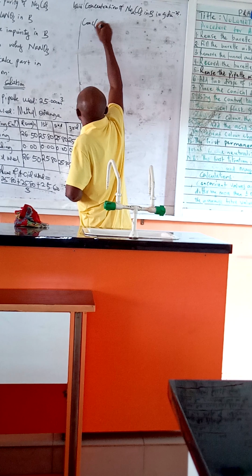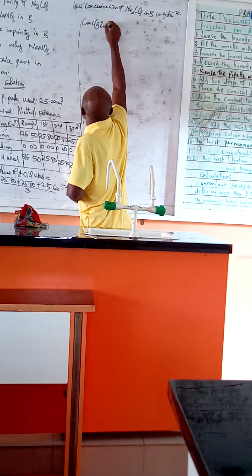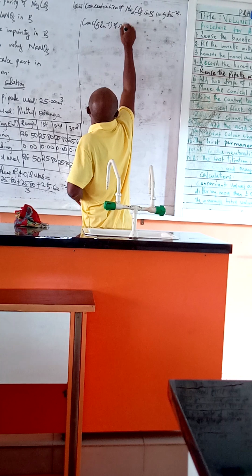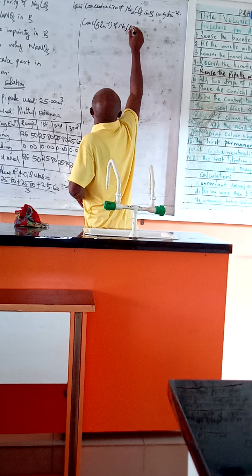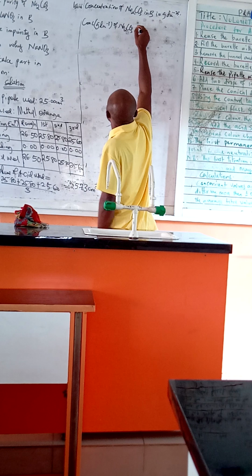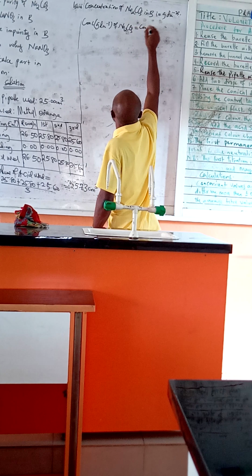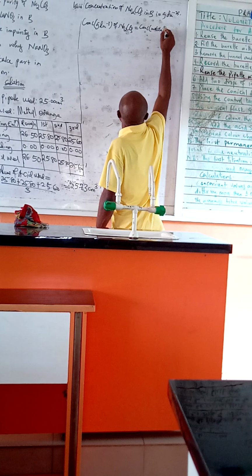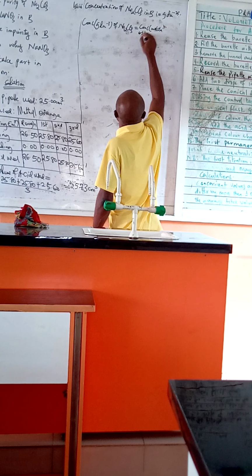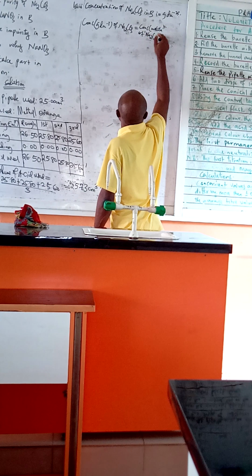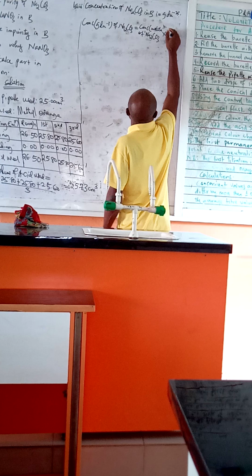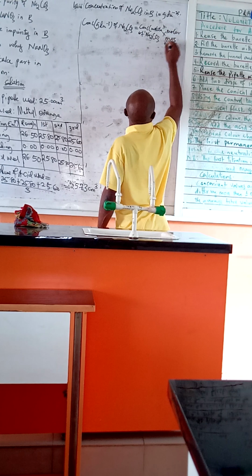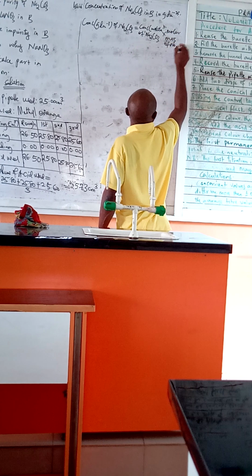We recall that the concentration in gram per dm³ of Na2CO3 will be equal to the concentration in mole per dm³ of Na2CO3 multiplied by the molar mass of Na2CO3.